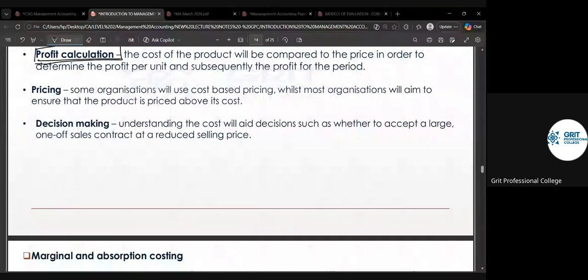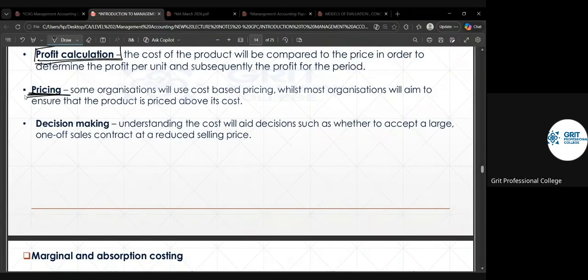Three, it helps you in pricing. When we get to pricing decisions, there are various ways we can price our product. One of the approaches is the cost plus approach. You determine the cost of the product, then add your profit, or what we call a markup, to it.